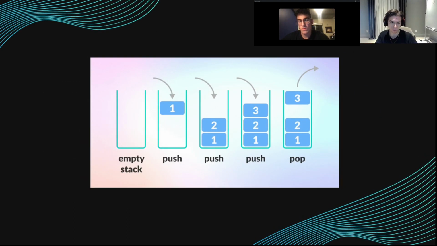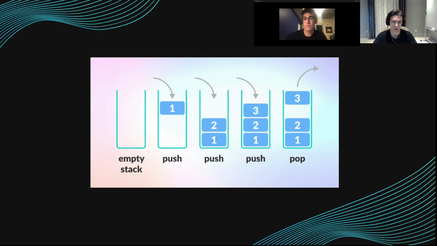So here's a little illustration of what that kind of looks like from an empty stack. So here we have an empty stack, and we'll push an item onto our stack. So this is number 1 in this case, and this gets added to the bottom of our stack. And when we go to push another item onto the stack, push is obviously the method that you would use to add things to a stack.